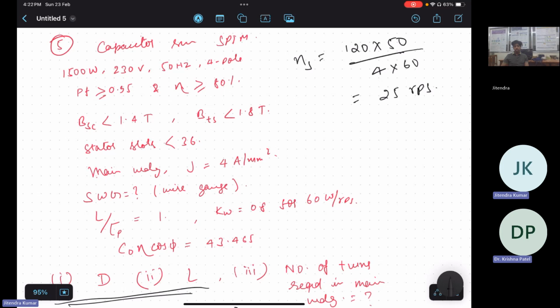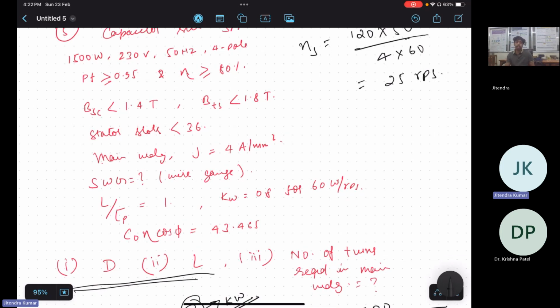We can calculate the flux if we know the flux density level in the tooth.